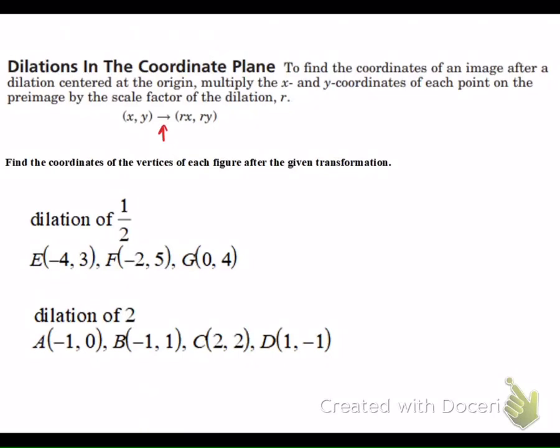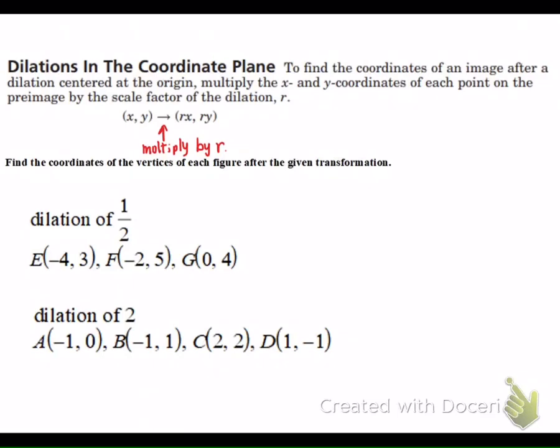This is multiplied by r. Multiplied by r.